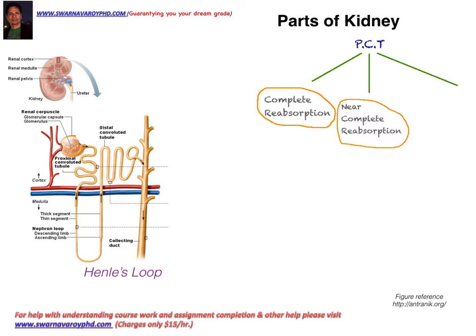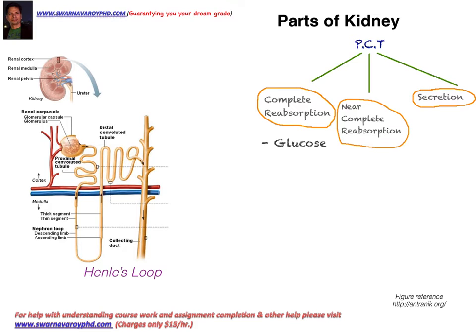That means 80%, 90% of these ions, these metabolites, which are given by the glomerulus, are taken back. And then we have the secretion. Toxic substances are secreted out into the urine, and that's happening at the PCT.